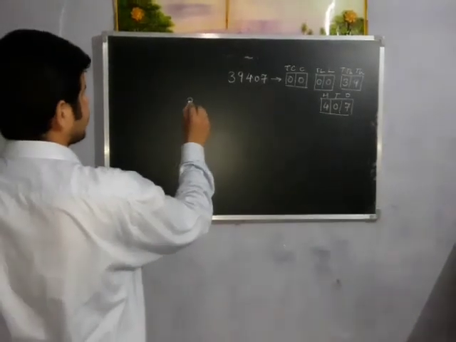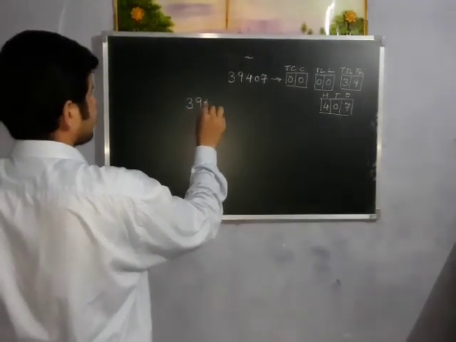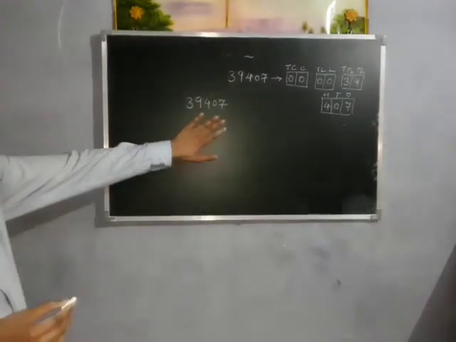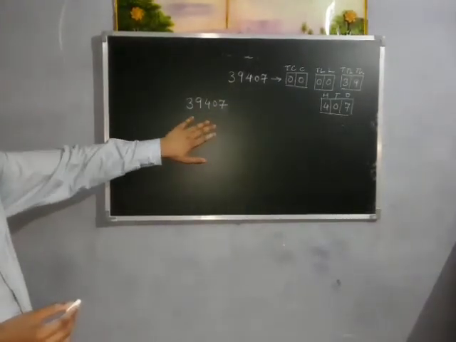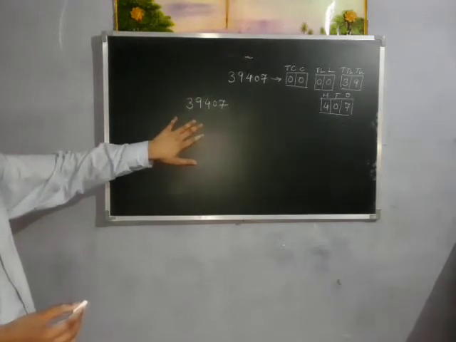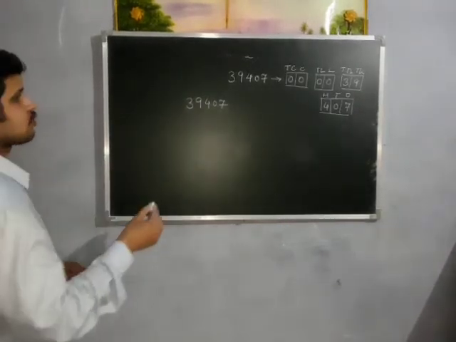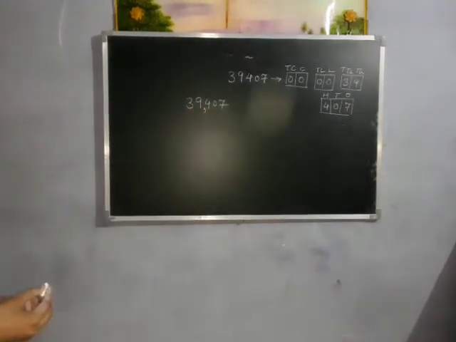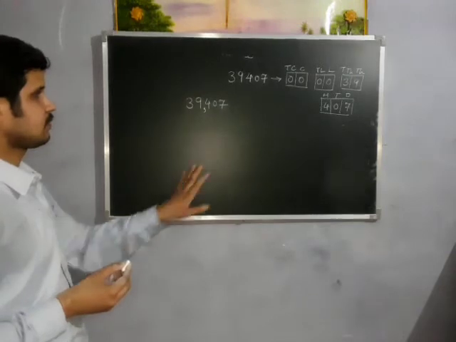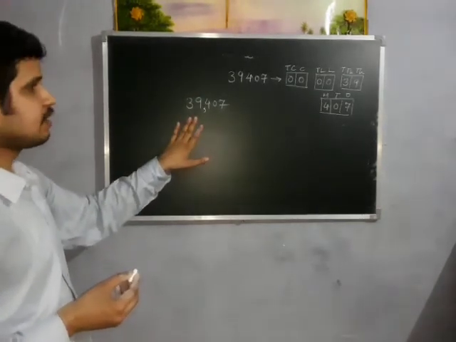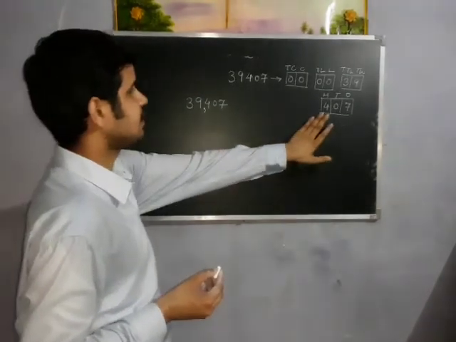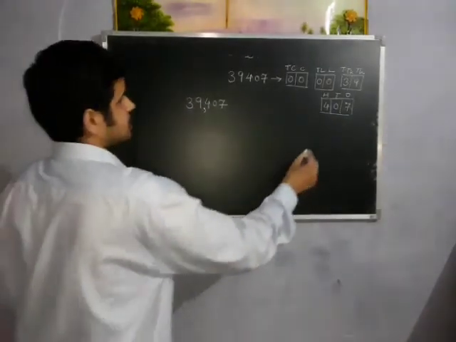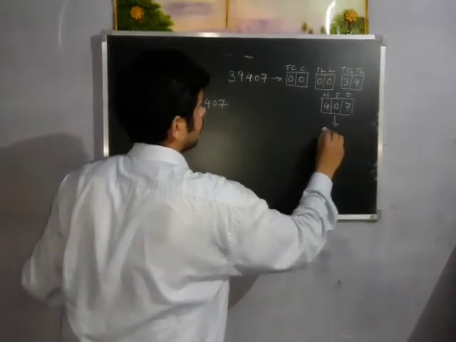Here is your number 39407, and we will move right to left in inserting commas. The first comma will be 3 digits from the right, so these three digits 407 will make one period. This period is the ones period.